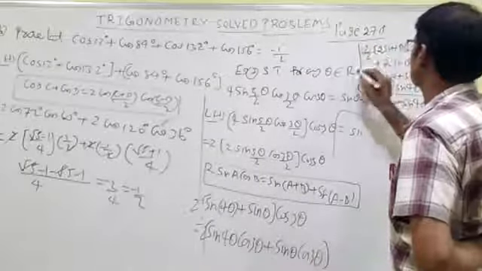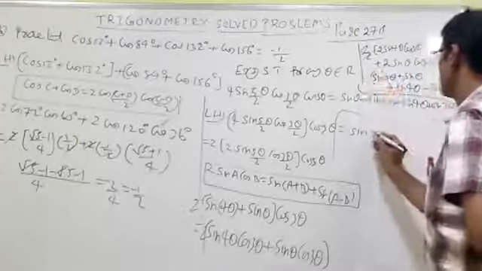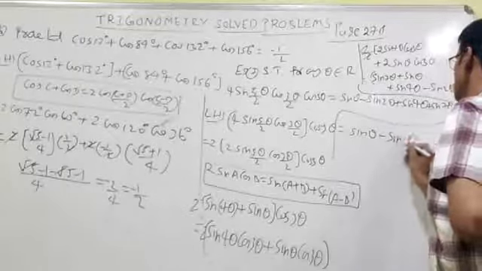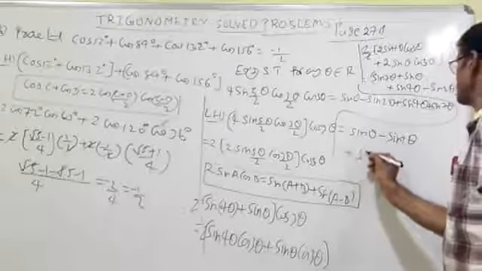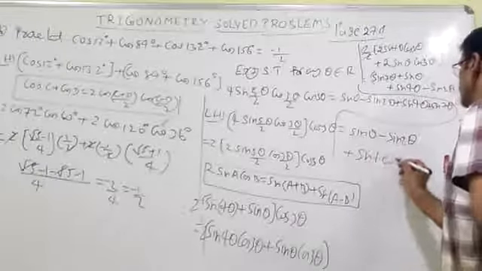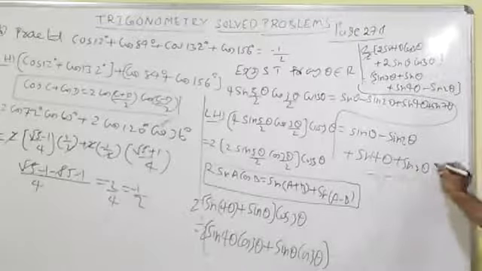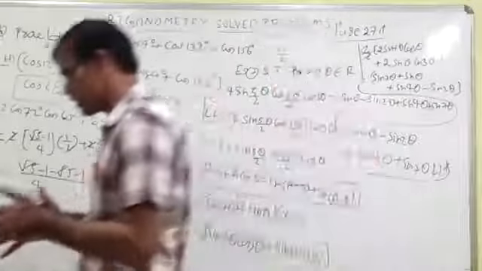Otherwise simply try to understand, 2 by 2 got cancelled. Don't write here. Now you can write directly sin theta in order. First theta, next 2 theta like this: sin theta minus sin 2 theta plus sin 4 theta plus sin 7 theta. This is RHS. By taking RHS also we can get LHS.